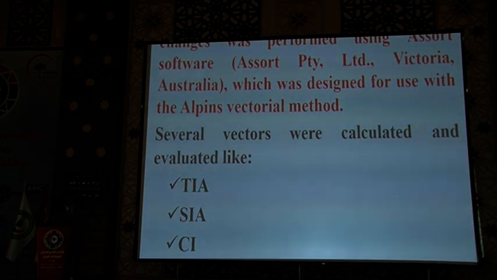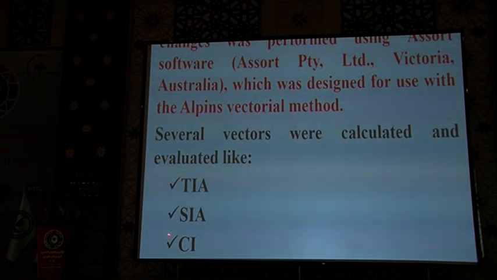As you know, any incision can add a harmful effect to our result. The ratio between surgically induced astigmatism and target-induced astigmatism is called the correction index. The ideal correction index should be 1, meaning the surgically induced astigmatism is equal to the target-induced astigmatism. If it is more than 1, there is overcorrection. If it is less than 1, it means undercorrection.